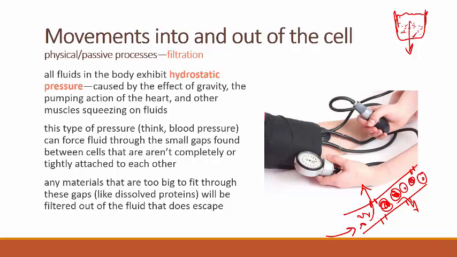The pressure of the blood being pushed by the heart is what forces the fluid in the blood, the water in the blood, out through the tiny crevices, the pores in the capillary walls. But all the blood cells and the large proteins found dissolved in our blood are kept inside. They're filtered so that only fluid leaves. And maybe really small nutrients like glucose might be able to slip out.